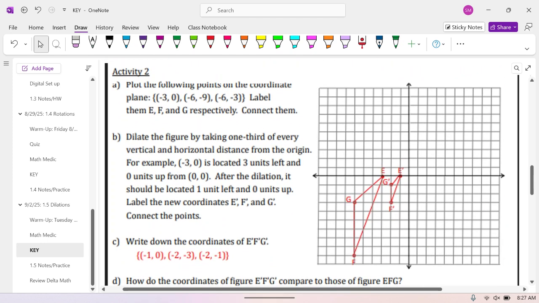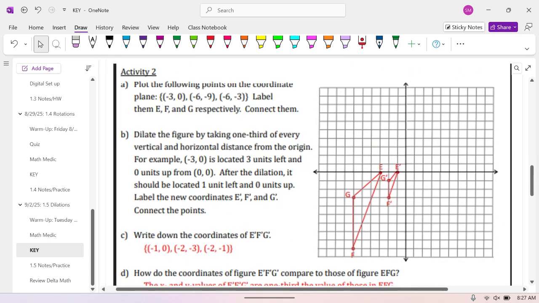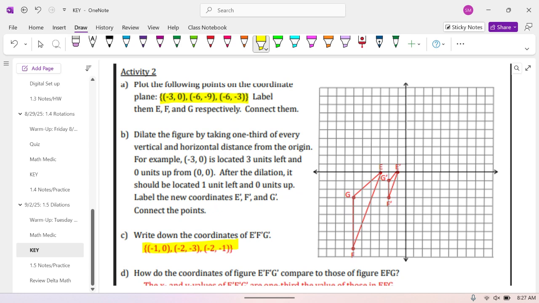Now, what happened for activity 2, what happened between our pre-image points and our image points? What happened? Say that one more time. It got smaller, but specifically, mathematically, if we go from the pre-image to the image, what do we actually do?